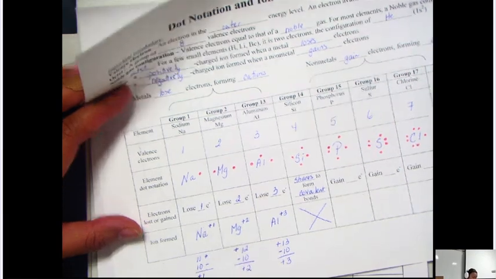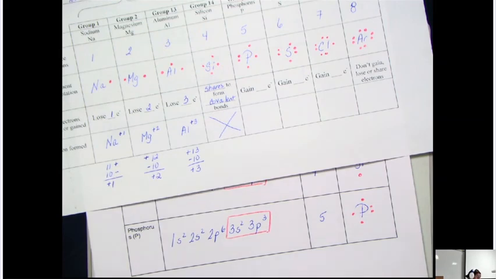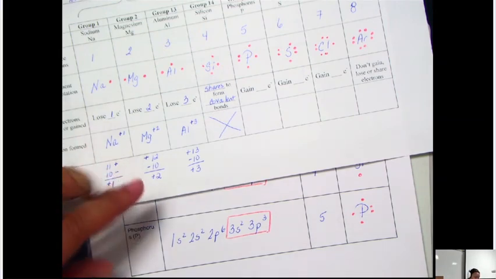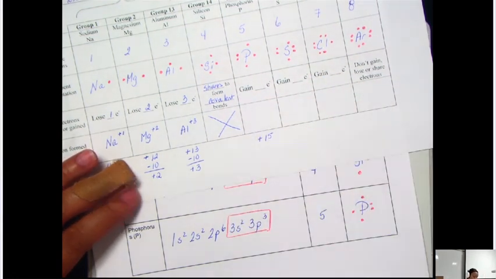All right, so your next one, that brings us to phosphorus. Okay, so phosphorus has atomic number 15. That means it has 15 protons.